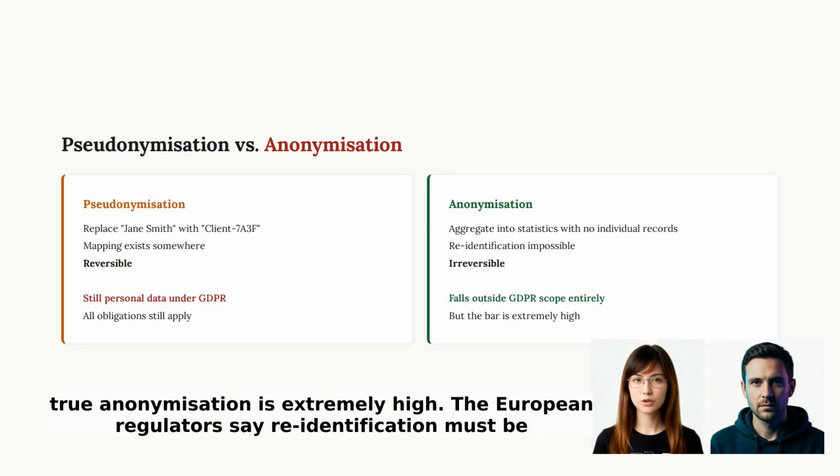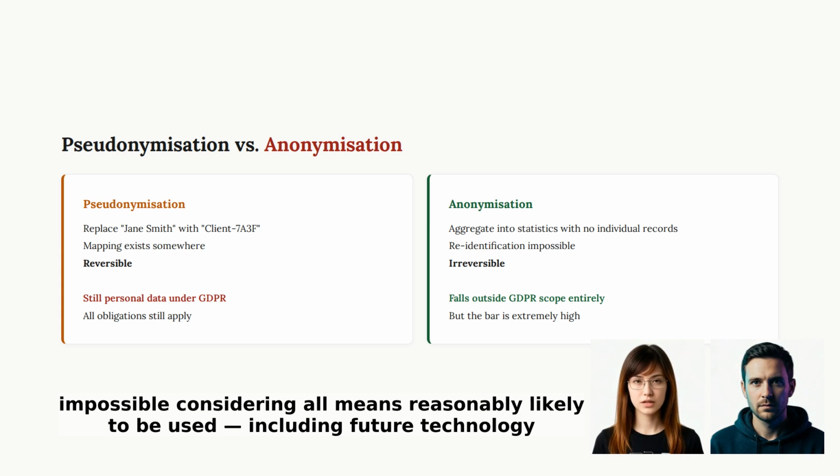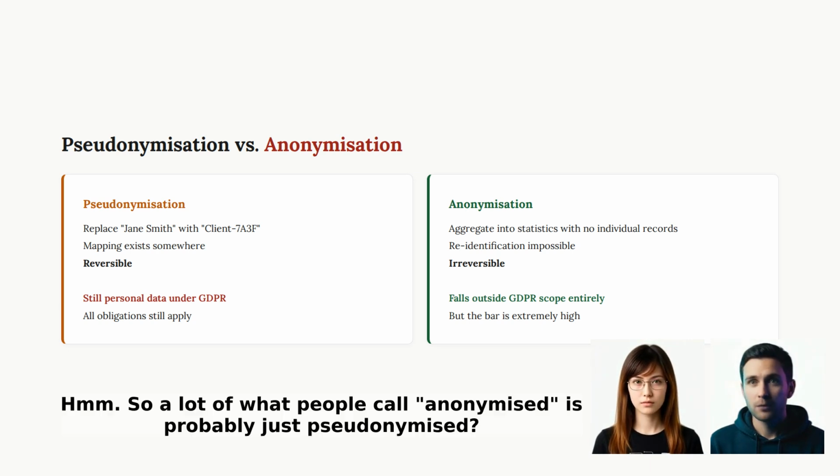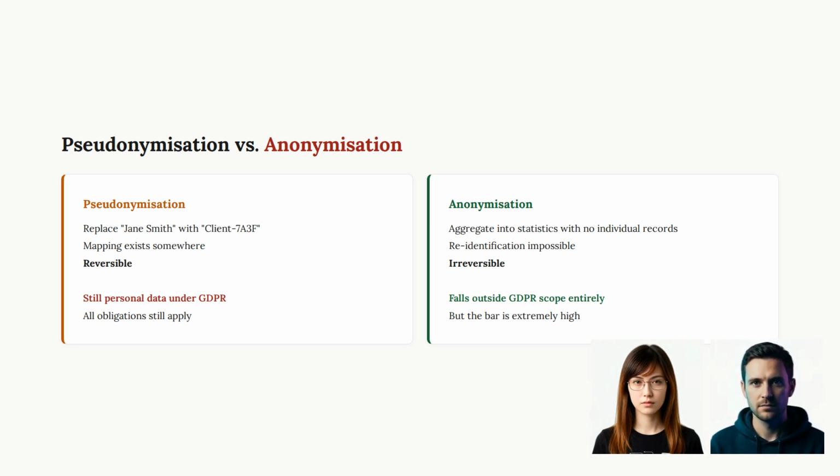But the bar for true anonymization is extremely high. The European regulators say re-identification must be impossible, considering all means reasonably likely to be used, including future technology and cross-referencing with other datasets. So, a lot of what people call anonymized is probably just pseudonymized.